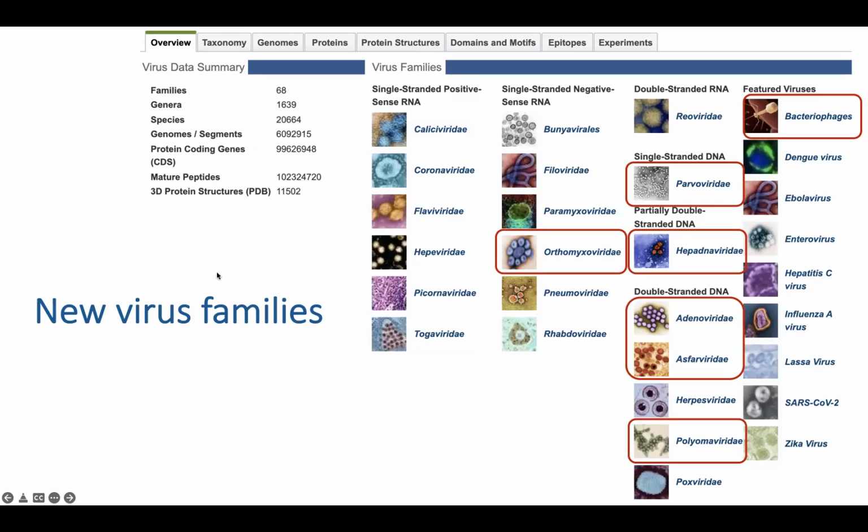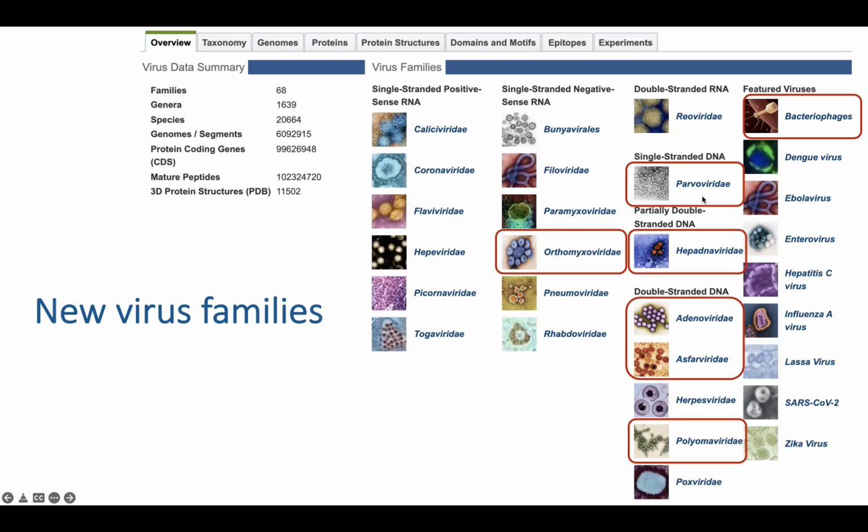And we tried to keep a lot of the same interface so that it wouldn't be too much of a change and too much of a learning curve getting you into the new site. So if you're coming from IRD, you can find all of the information relating to influenza viruses under the Orthomyxoviridae family. There are also a couple of other ways to find information relevant to influenza, and we can go over those in the website demo.